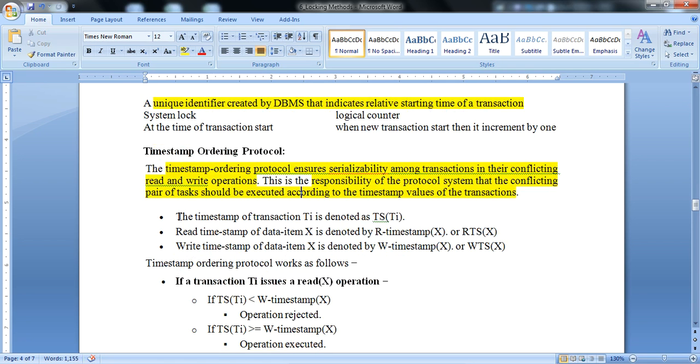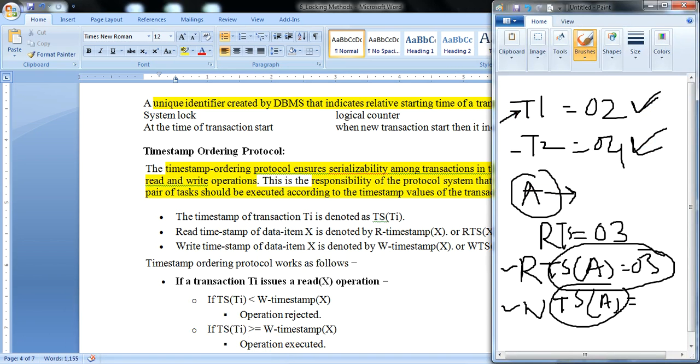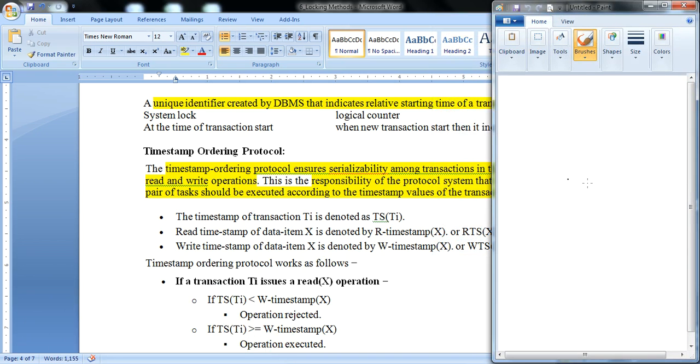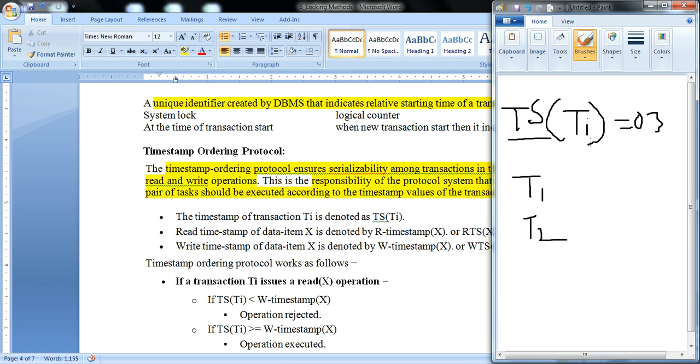Now there are some terms we need as short forms. The timestamp of a transaction Ti is denoted TS(Ti), which is some time like 03. Ti may be T1 or T2 or whichever. This TS means the timestamp of a transaction.